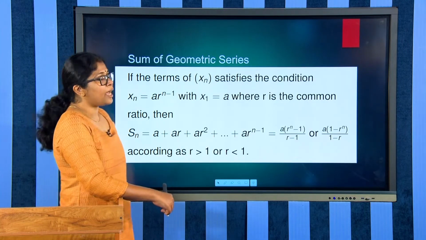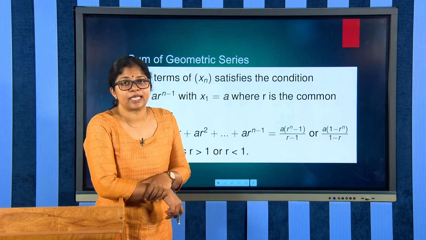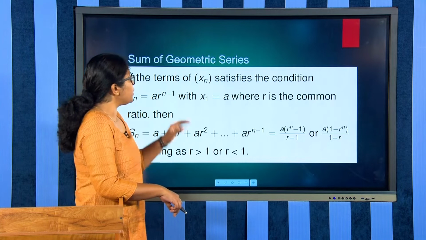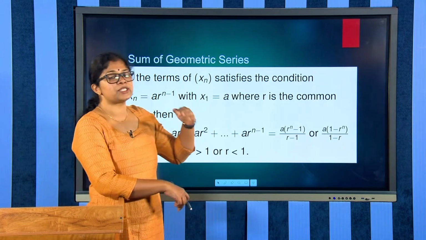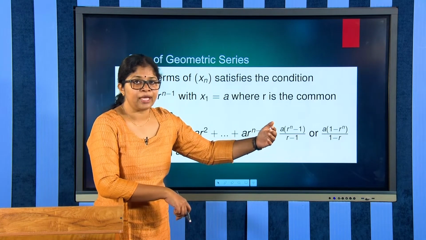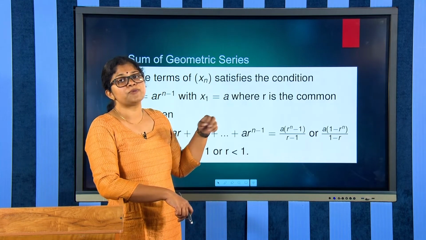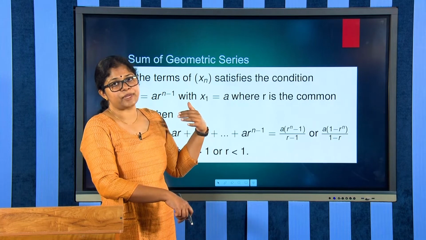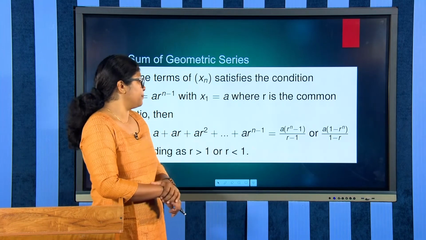Now, as we had learned arithmetic series, we have also learned what is called a geometric series. For arithmetic series we are incrementing each term, but for getting a geometric series we multiply the just preceding term with a constant to get the next term.